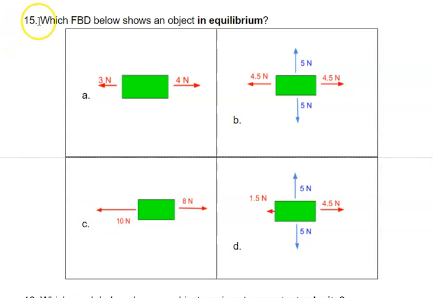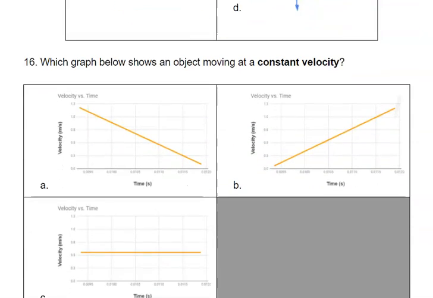Question 15. Which FBD below shows an object in equilibrium? Is it A, this FBD, B, this FBD, C, this FBD, or D, this FBD?